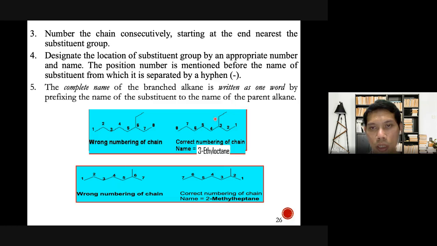In this case, this is an alkyl group, so you just check the number of carbons for that alkyl. Whether it is 1, it will be methyl, 2 ethyl, if there is 3, it will be propyl, and so on. So it will be the number, hyphen, the name of that substituent and the parent name, the parent name of that alkane.